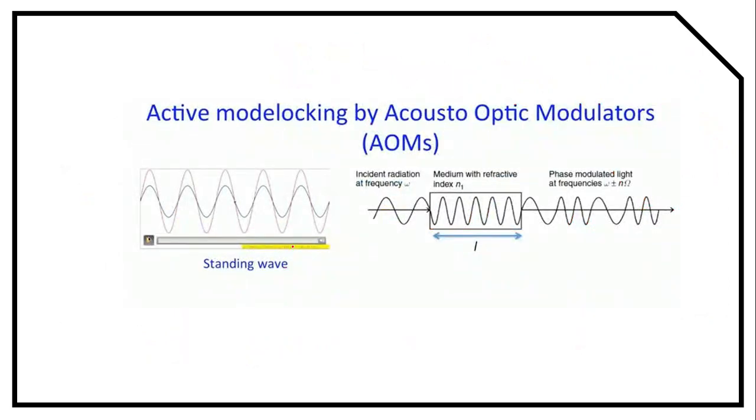Acousto-optic modulators use standing waves, whose amplitudes vary, but the position of the nodes ideally does not vary. When the incident radiation passes through a medium of refractive index n1, whose refractive index is also changing with time, then you will get phase modulated light.